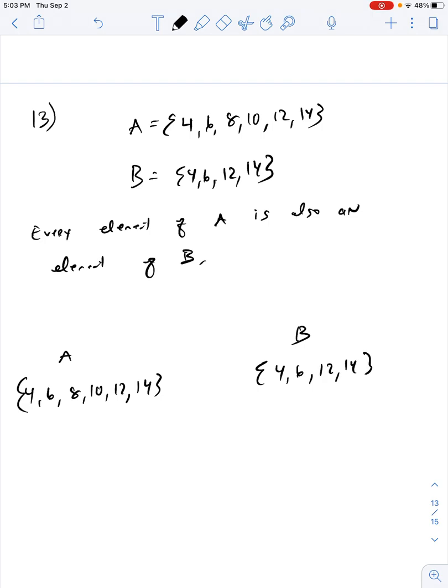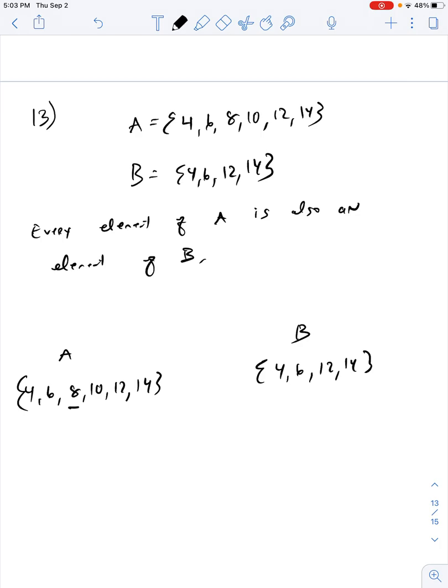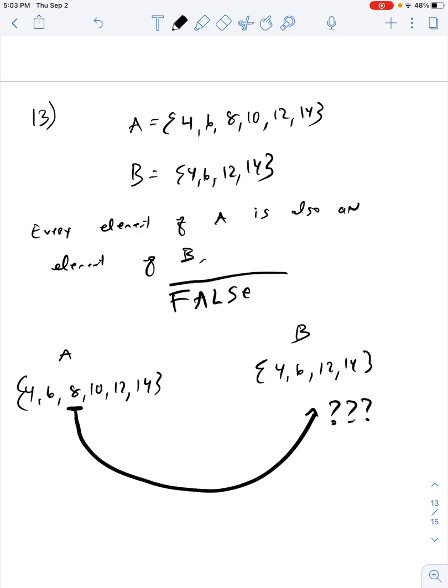That's the question. Well, I'm just going to look at 8. It's not in here. So then this would be false because I was able to find at least one that's in A that's not in B. So some nice examples finishing up 2.1.